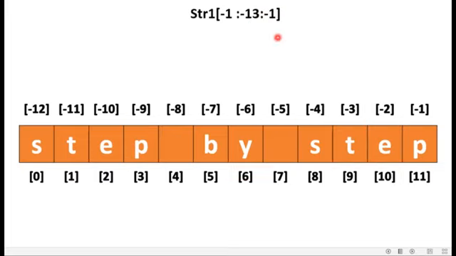Another example. Now we are taking an example of minus 1 is to minus 13 is to minus 1. Here again we are taking an example of negative stride value. So my starting value is minus 1, but from the right hand side. Okay. So minus 13 will point towards minus 12 because minus 13 plus 1 is equal to minus 12.